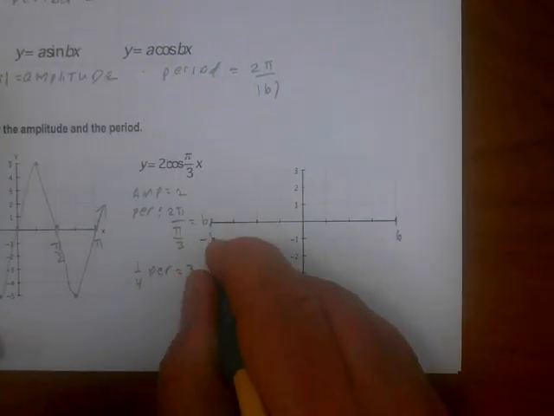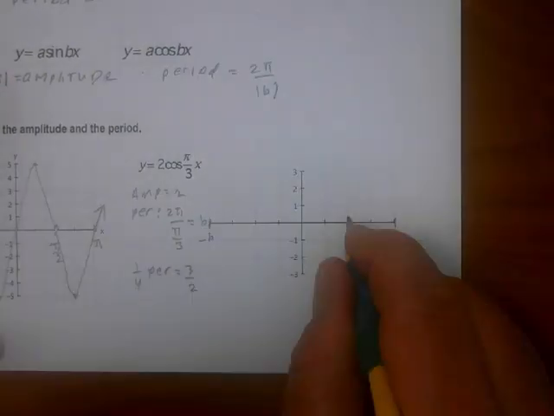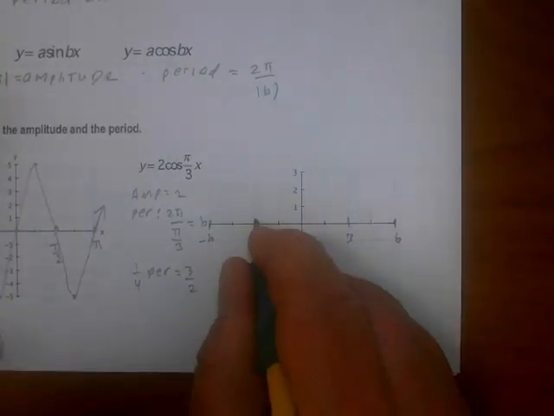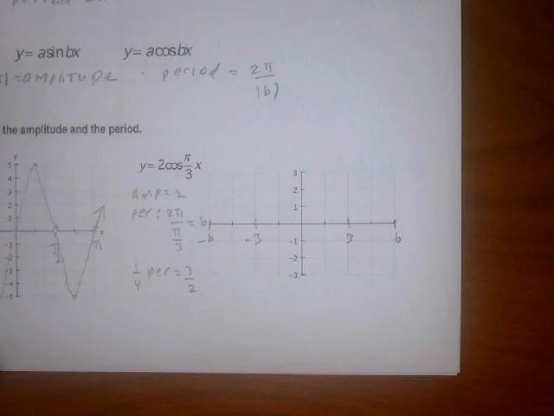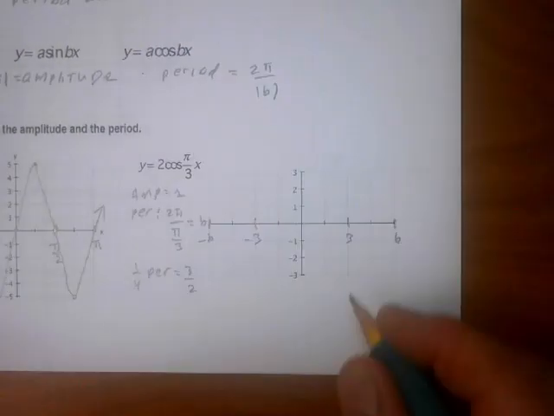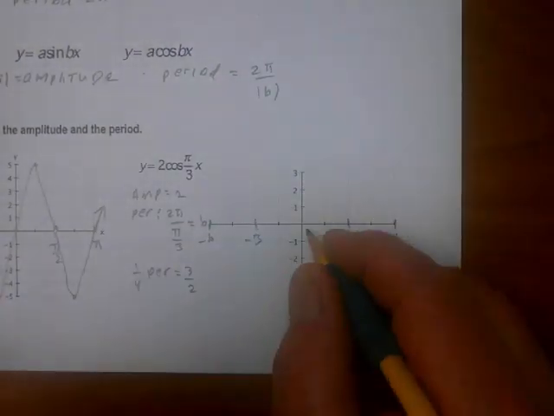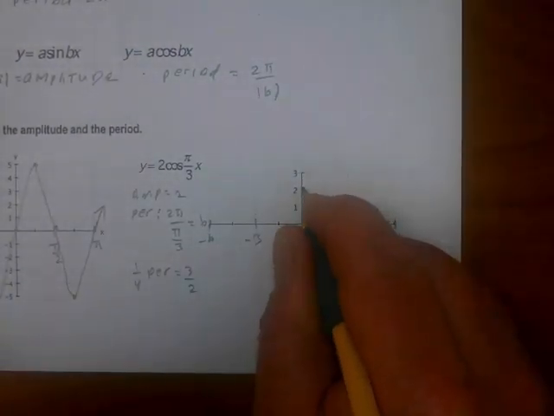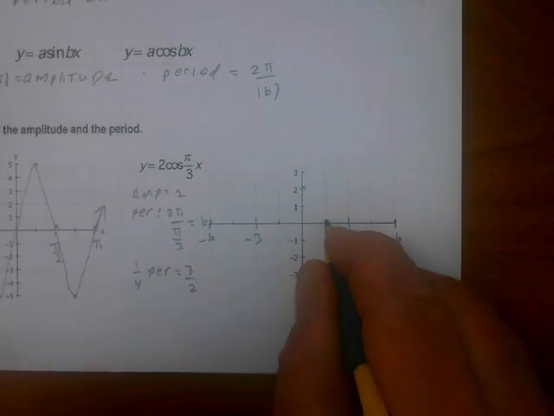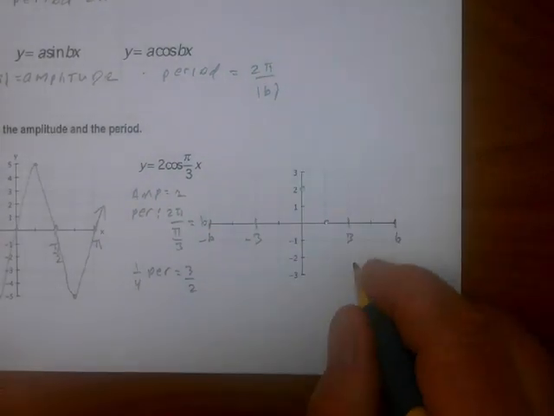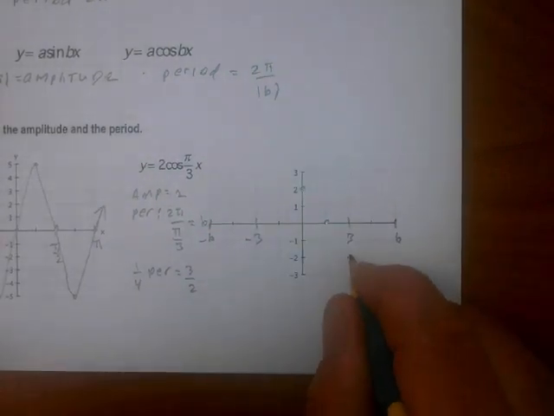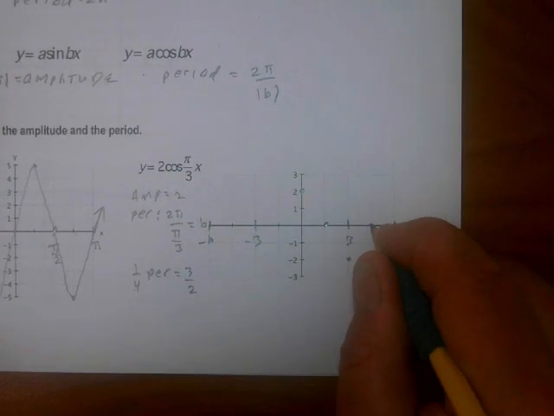My period's 6. So I put a 6 here, put a negative 6 here. This is 3, that's negative 3. I go as high as 2 and as low as negative 2. So that means I'm going to start right here at 0, 2. At 1.5, I cross the x-axis.